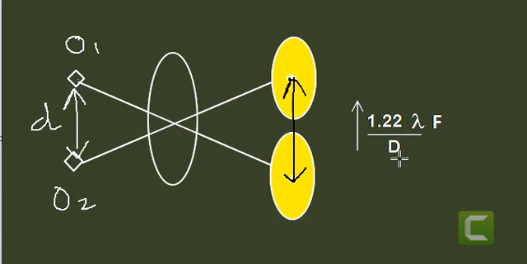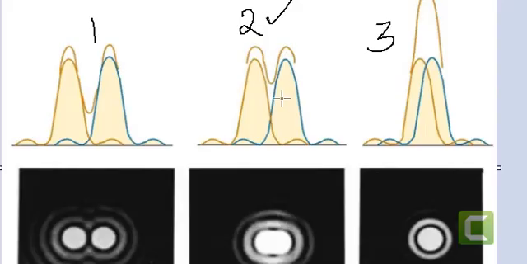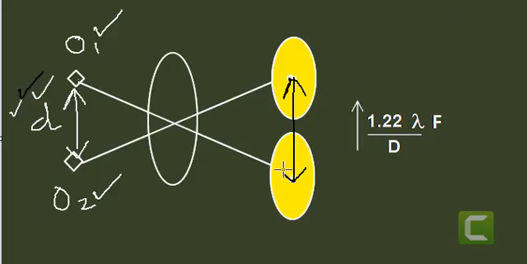For this to happen, there is a minimum value of D. The minimum distance between two objects such that the images are just resolved is called the limit of resolution of the microscope. That is the minimum distance D, so that images are just like the second case. So for a microscope it is a minimum distance.